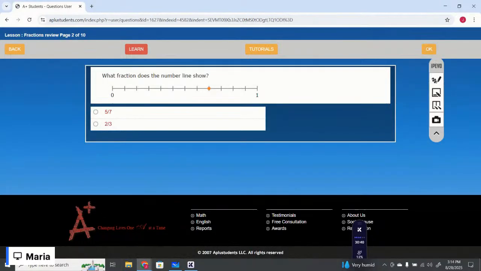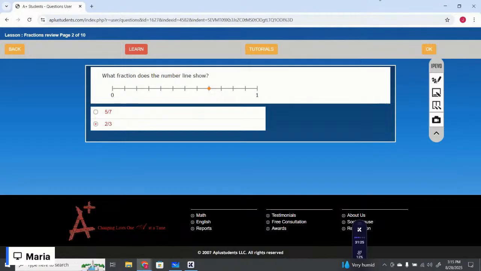What fraction does the number line show? Which is the correct option? 1, 2, 3, 4, 5, 6, 7, 8, 9, 10, 11, 12.